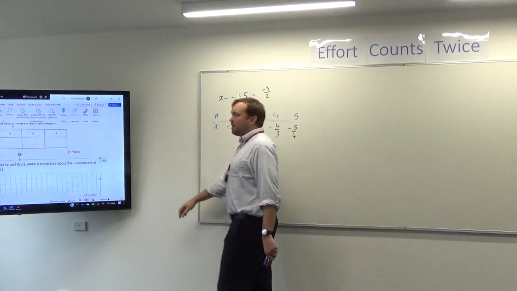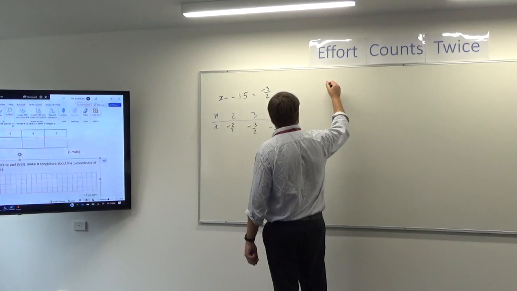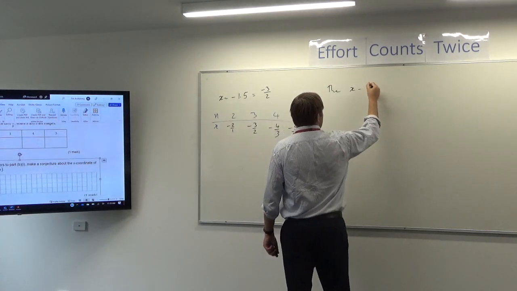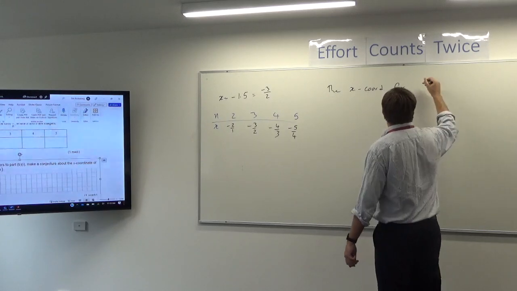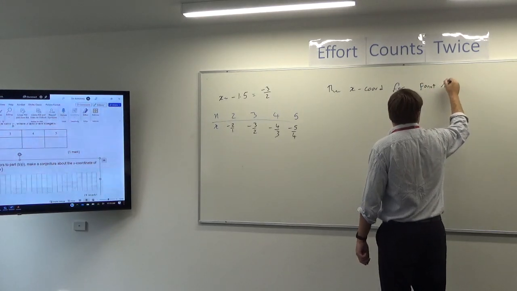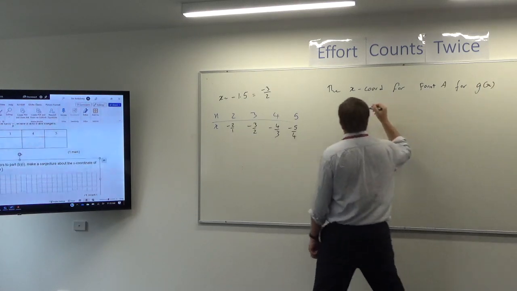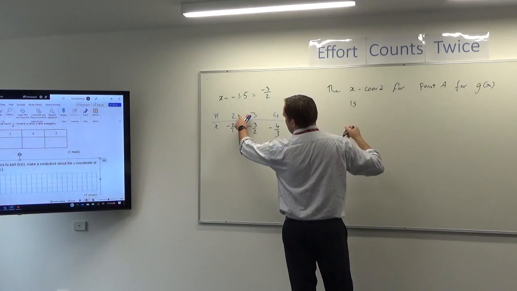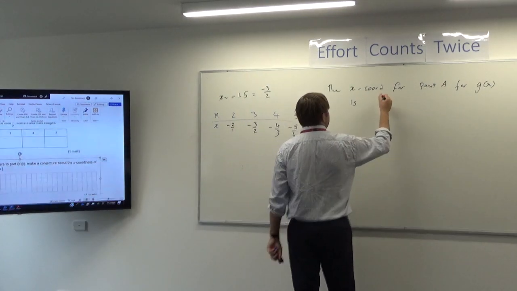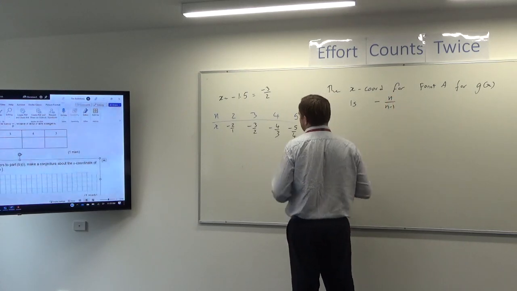It's only 1 mark, so I will be saying something along the lines of the x-coordinate for point A for g of x is, and you then need to convert n to this. So I would say that is minus n on n take 1.